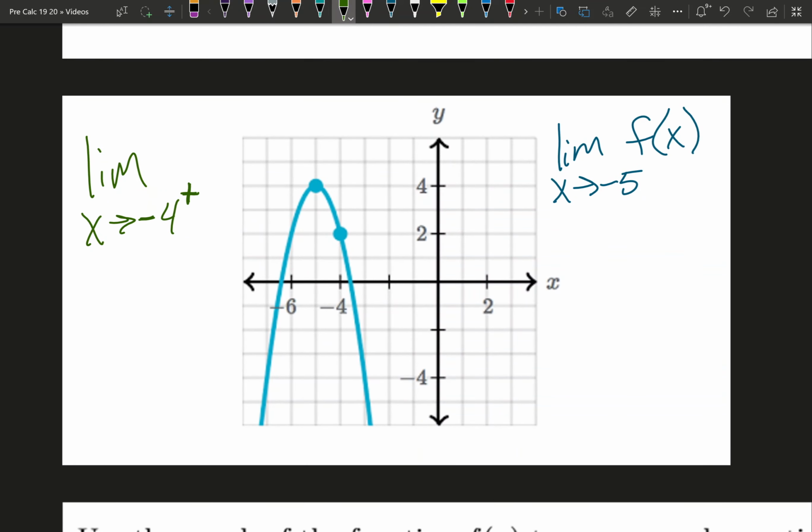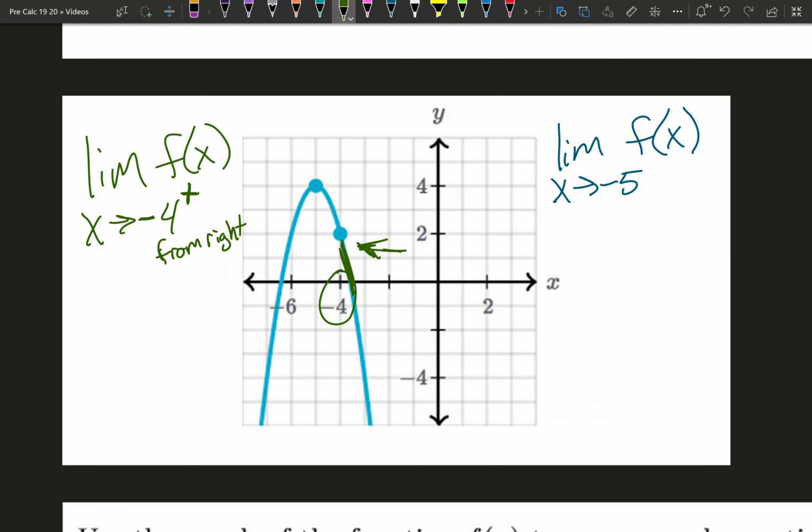Our first one on the left here, the green, is saying our limit, and I did forget to write the f of x in, the limit of f of x as x approaches negative 4, this is from the right, which is what the positive exponent is going to say, means that we find negative 4 on our x-coordinate, and we're going to follow the function as x approaches negative 4 from the right.